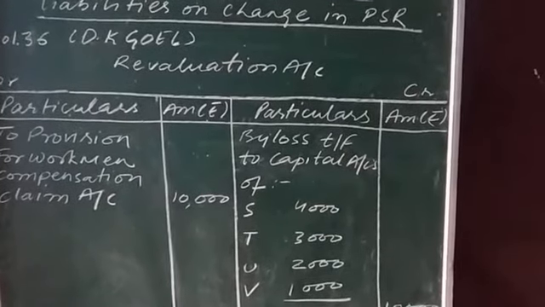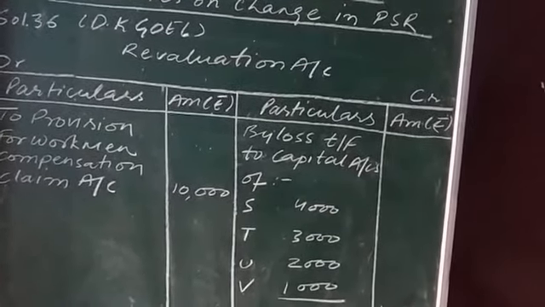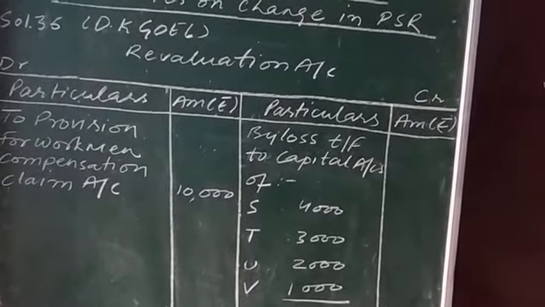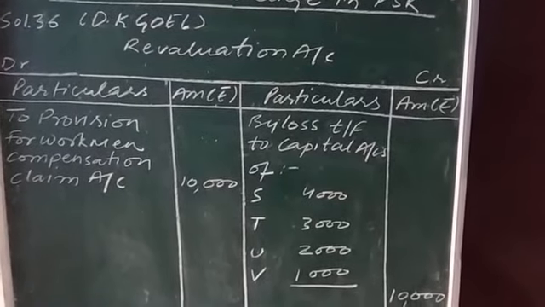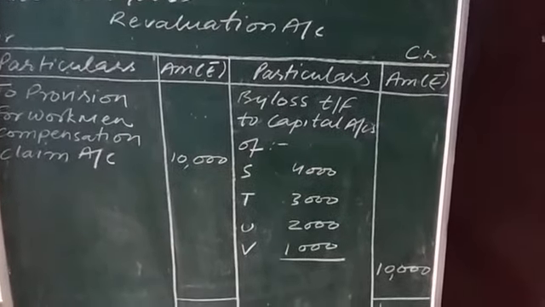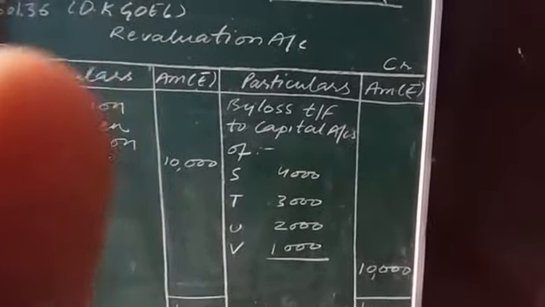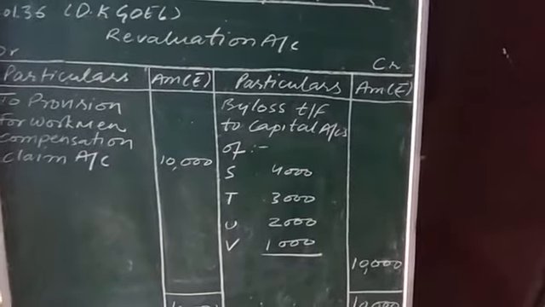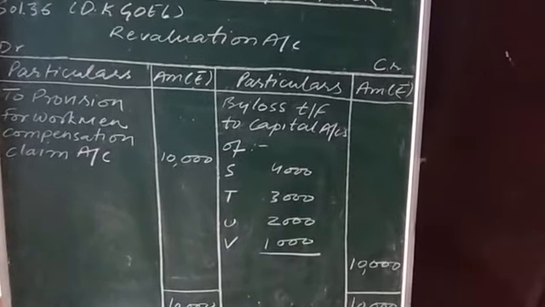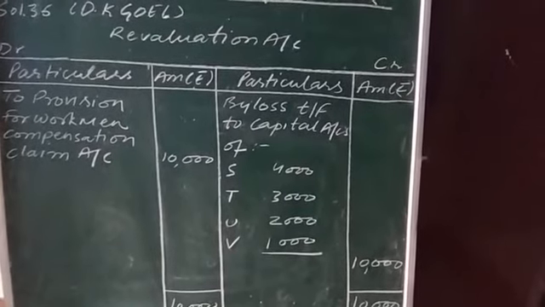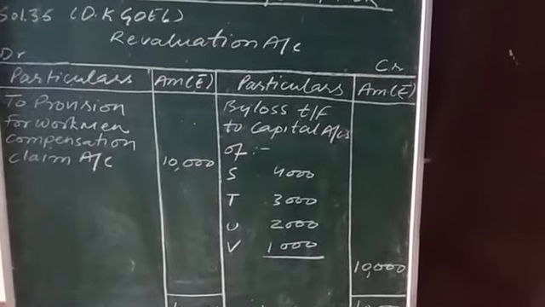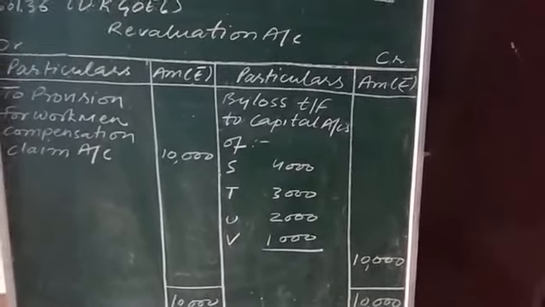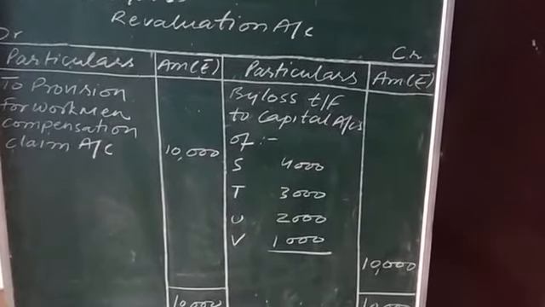So the increase in liabilities will result in a loss, and this loss will be suffered by the old partners in the old ratio. Already I explained you the revaluation account: the profit or loss is distributed among the old partners in the old ratio. The old ratio is 4:3:2:1, so 10,000 will be divided in the ratio 4:3:2:1.